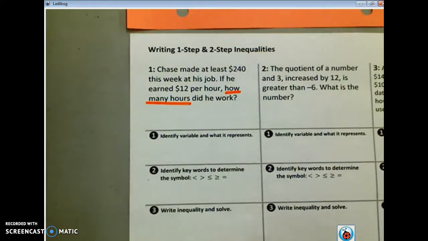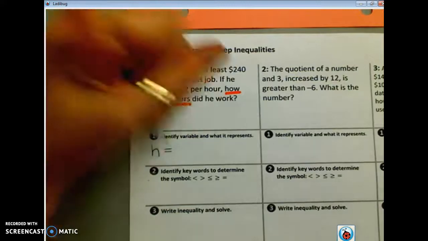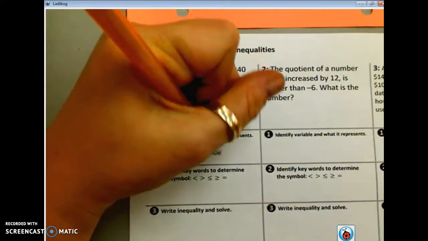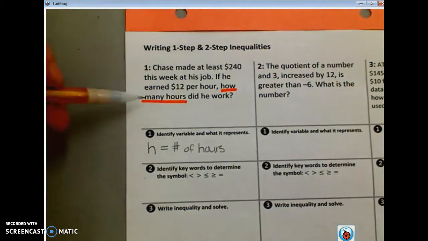So that right there is our variable. I'm going to use H, and it's going to stand for the number of hours. It's always good to label it, so that when you have a solution, H is less than, greater than, or equal to a number, you know how to interpret what that number means. So that's our first step.